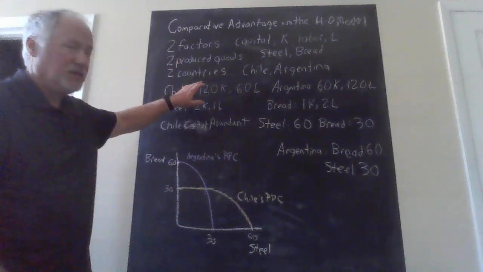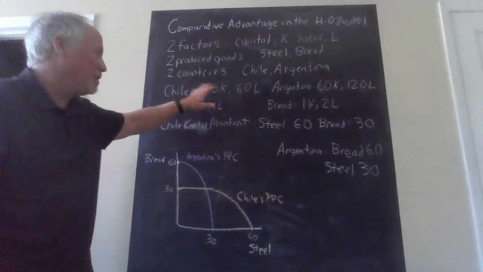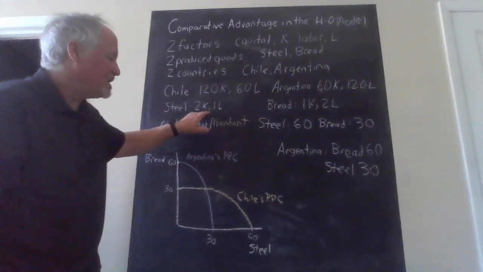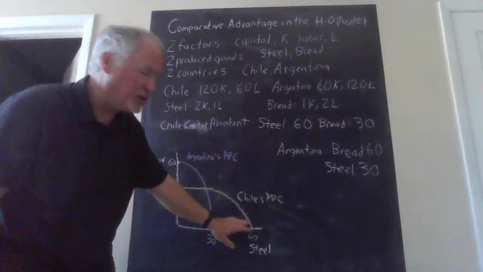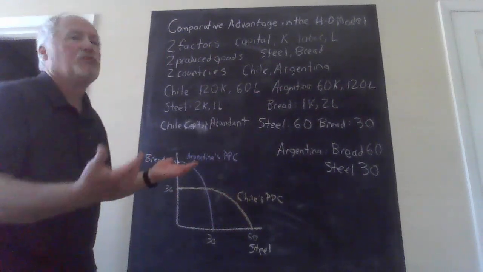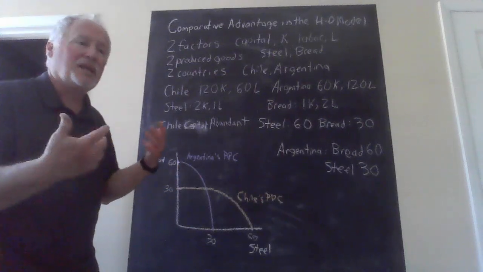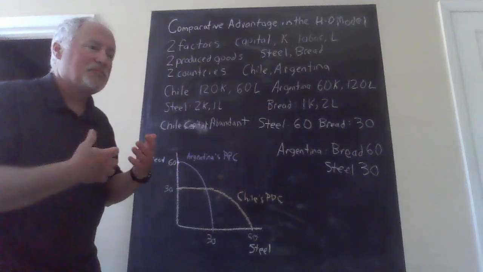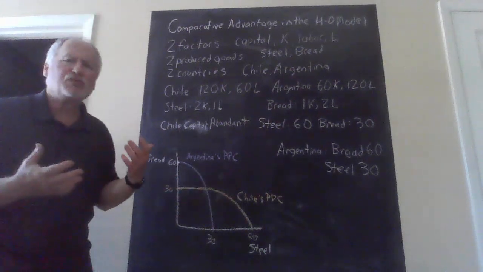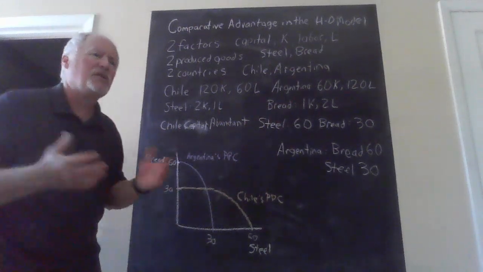Chile is abundant in capital, has a bigger capital-labor ratio than Argentina, and has an ability to produce a lot of the good whose production is steel intensive. And that's really the whole point of the HO model.